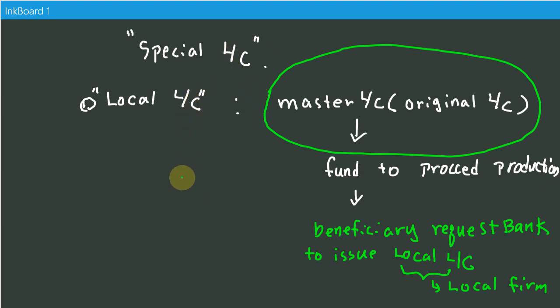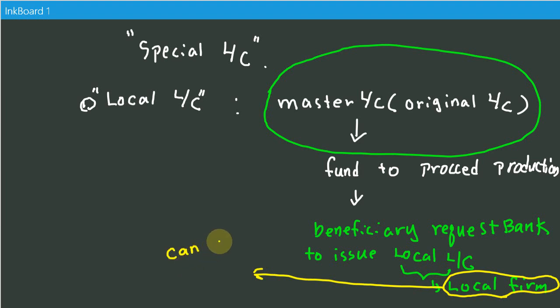If the beneficiary needs material but has no fund to purchase it, then he requests the bank to issue a local LC to a local firm, the firm which can provide material. This LC is used for this purpose.